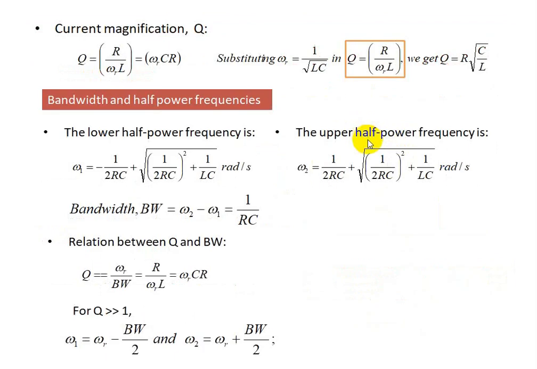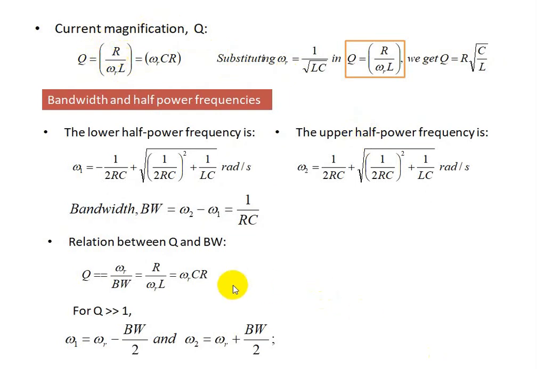Then coming to current magnification, which is called as Q factor for the circuit. The Q factor for this circuit is R by omega R into L. It is just inverse of the value that we got for series RLC circuit.